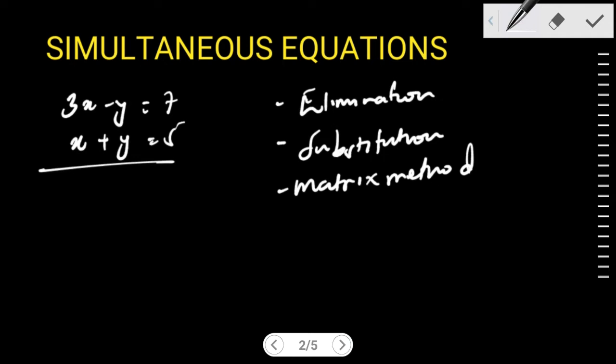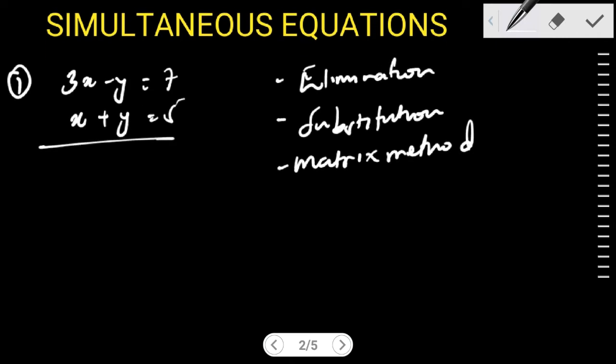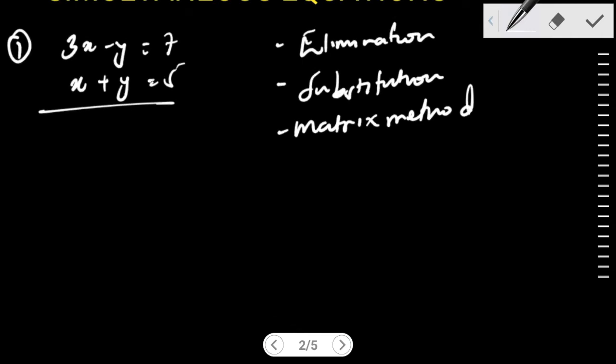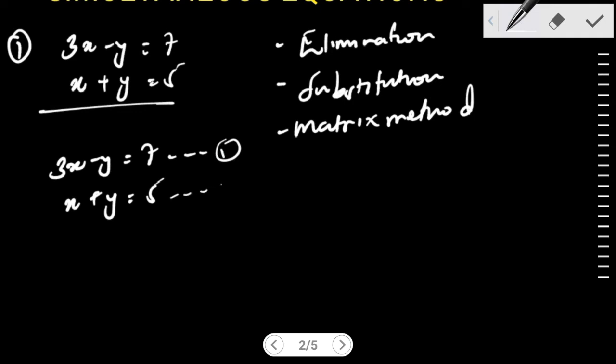Let me start with this as my example 1. I'm going to have 3x minus y equals 7, and then x plus y equals 5. By elimination, we make the coefficient of one unknown equal to that in the other equation. That's why we label this as equation 1 and this as equation 2.